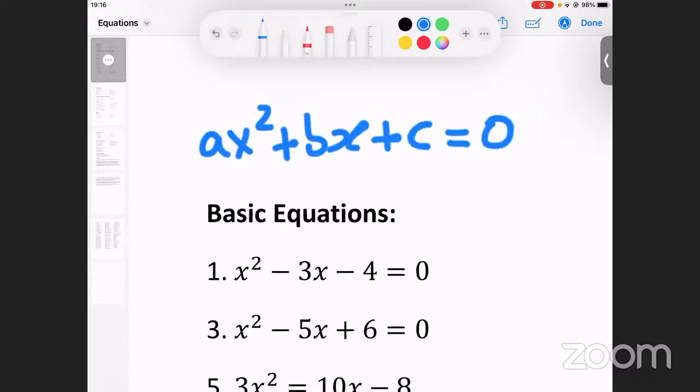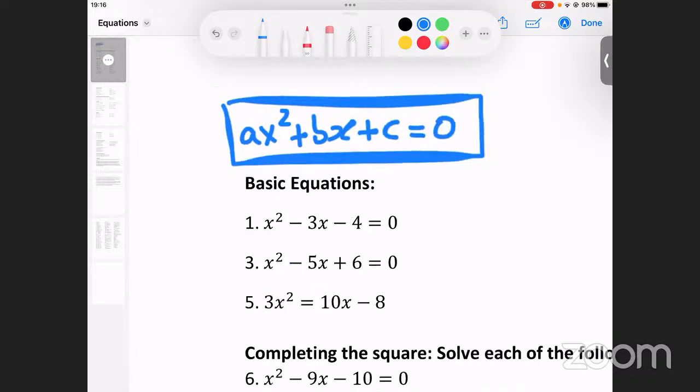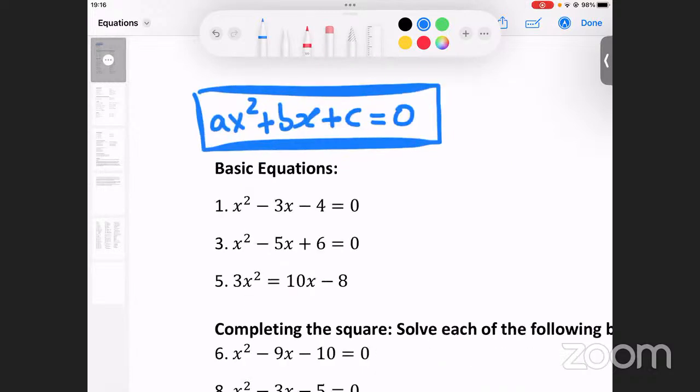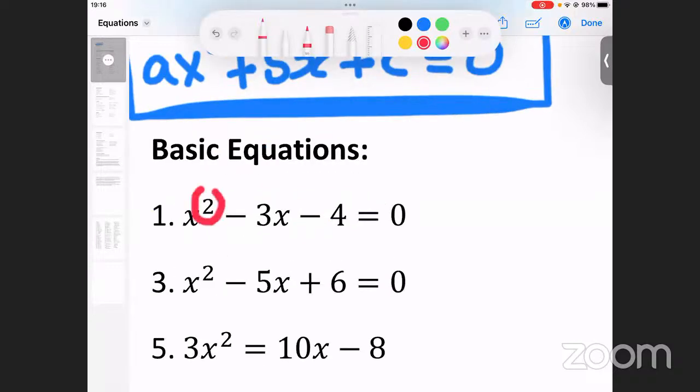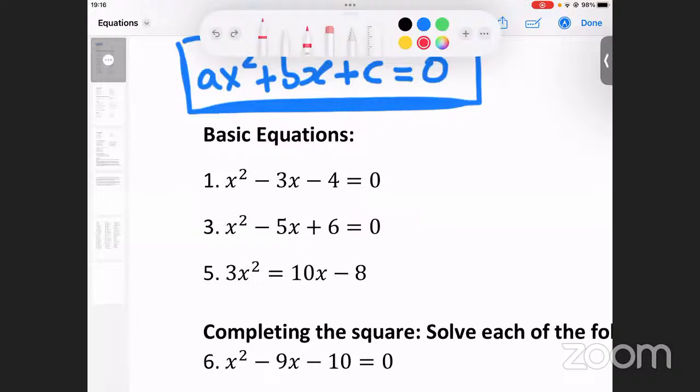If it's not equated to 0, then it is not in the standard form and you need to rewrite it in the standard form. Only after it is in the standard form can you factorize and then say x equals this or x equals that. These two, honorable members, tell you that you must have 2 possible answers. That is why with a quadratic equation, you'll always have 2 possible answers.